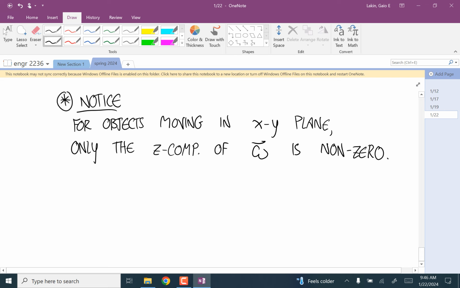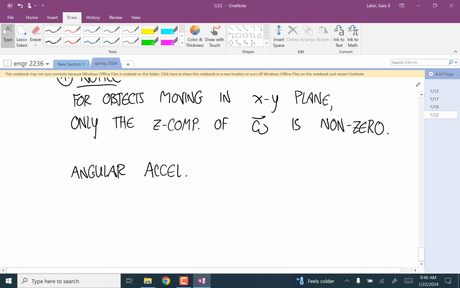Then the angular acceleration, the meaning of that. We'll denote that with the lowercase alpha, like a goldfish vector. And this is the time derivative of the angular velocity with respect to time.